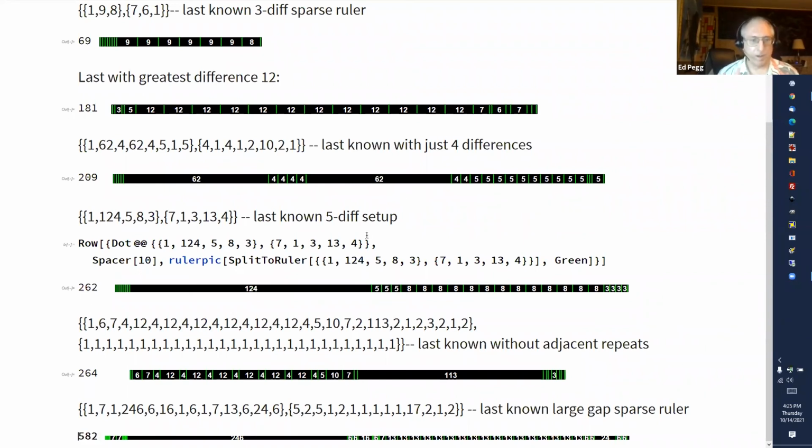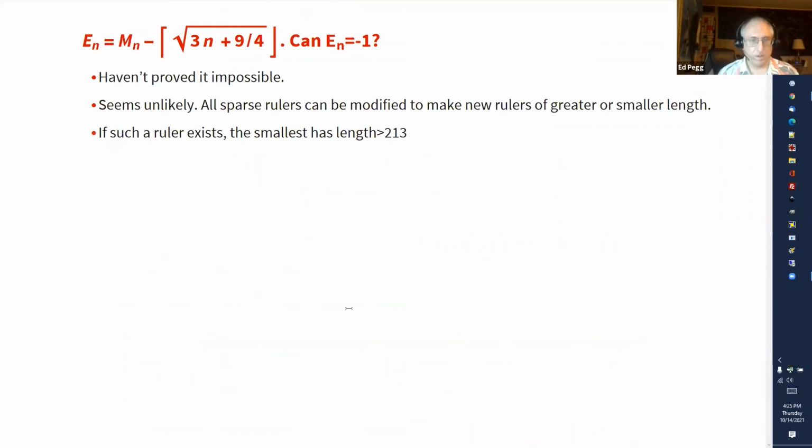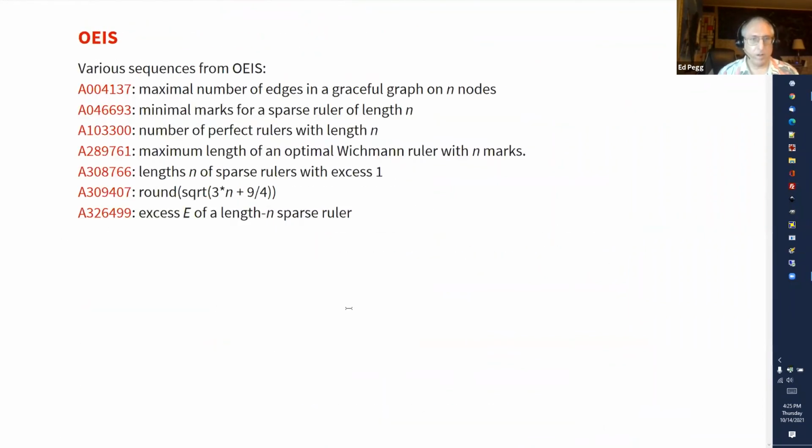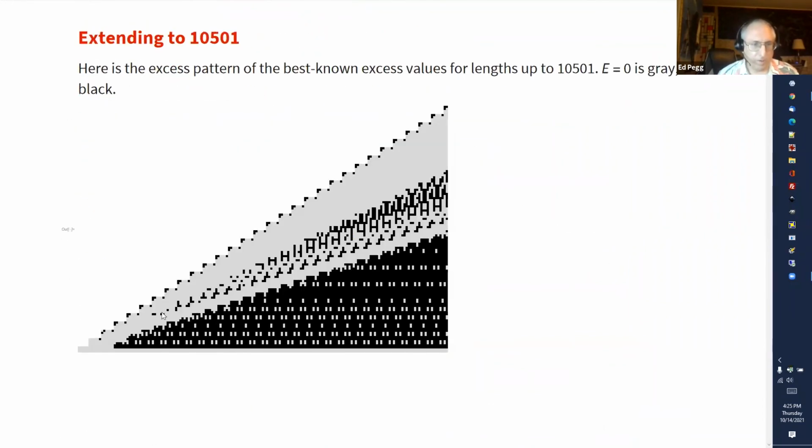Let's see if I can go back here. These values that are up here, these are what I call cloud values. This is the Dark Mills over here. I think it's unlikely that we'll find anything really spectacular down in this area because it's very highly driven by Wichmann ruler recipes.